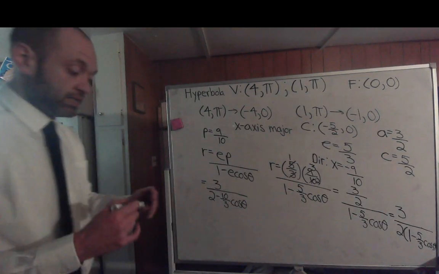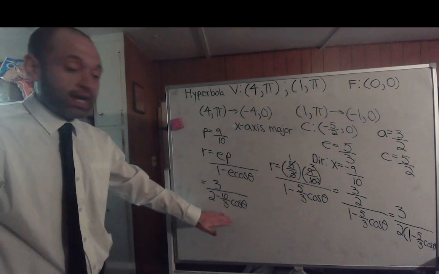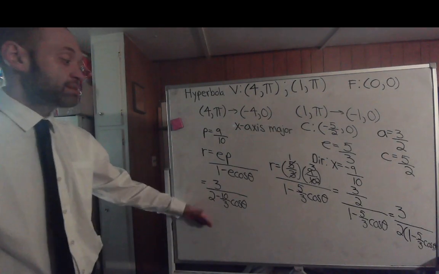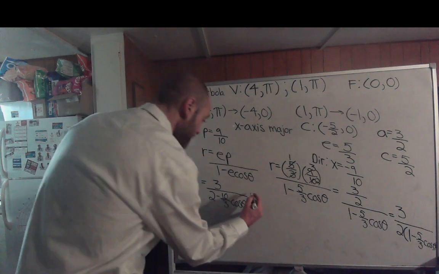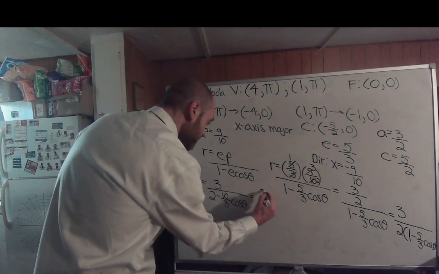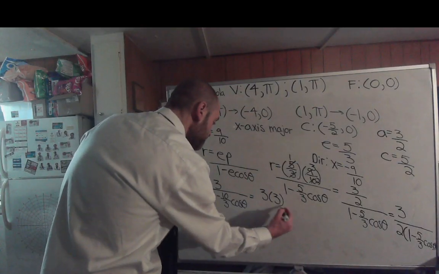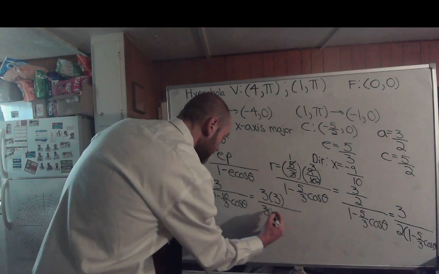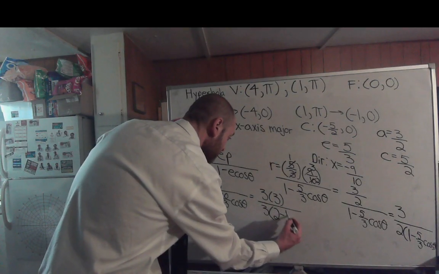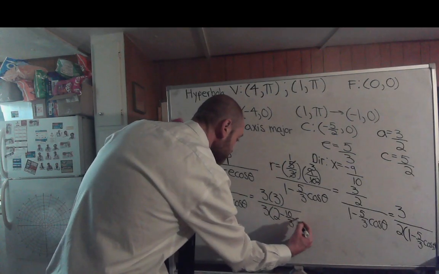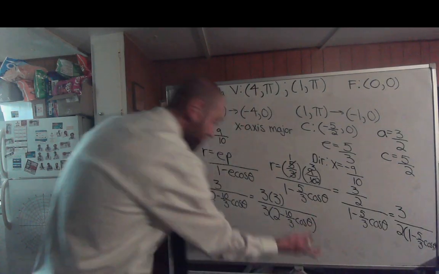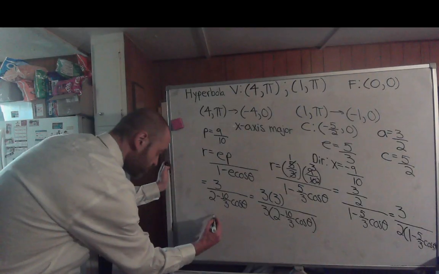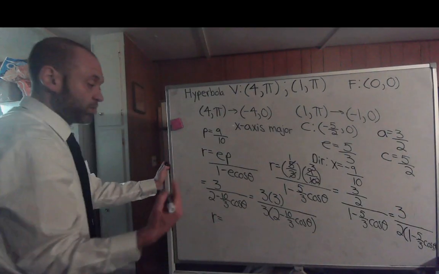Now, last but not least, we need to clean up this fraction in the denominator, so we need to multiply both numerator and denominator by 3 to get rid of that fraction. So this will be 3 times 3 all over 3 times the quantity of 2 minus 10/3 cosine of theta, which when we do the final multiplication and distribution, we'll get the final answer for the equation of this conic.